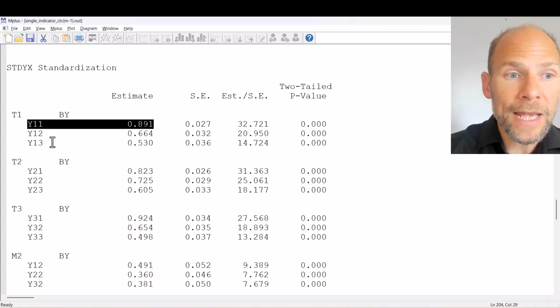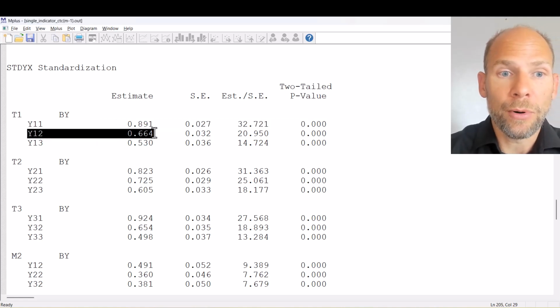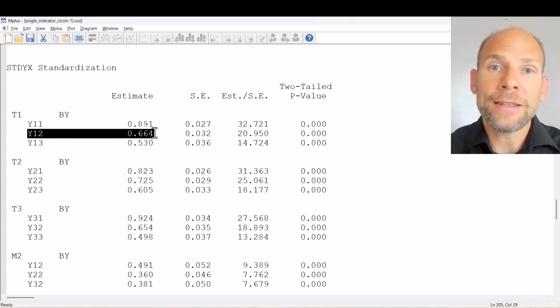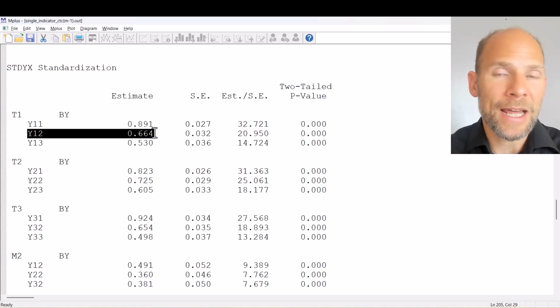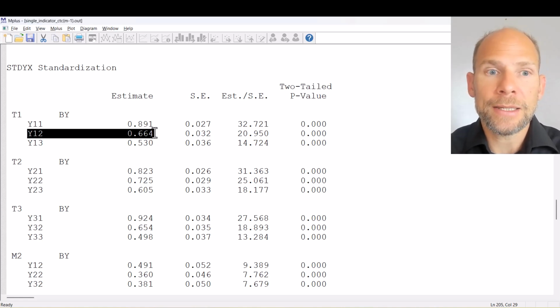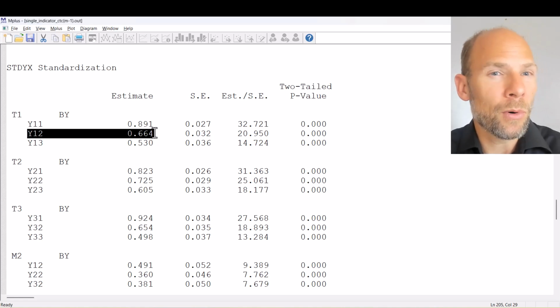And then next we have the loading of the parent report anxiety measure, and that loading is smaller. You can see that 0.66 is still a substantial standardized loading, but it's substantially smaller than the self-reported loading here. This indicates that there's not really amazing convergent validity between parent and self-reports here. If we squared a coefficient of 0.6, that would be 0.36, so it's a little bit more than that.